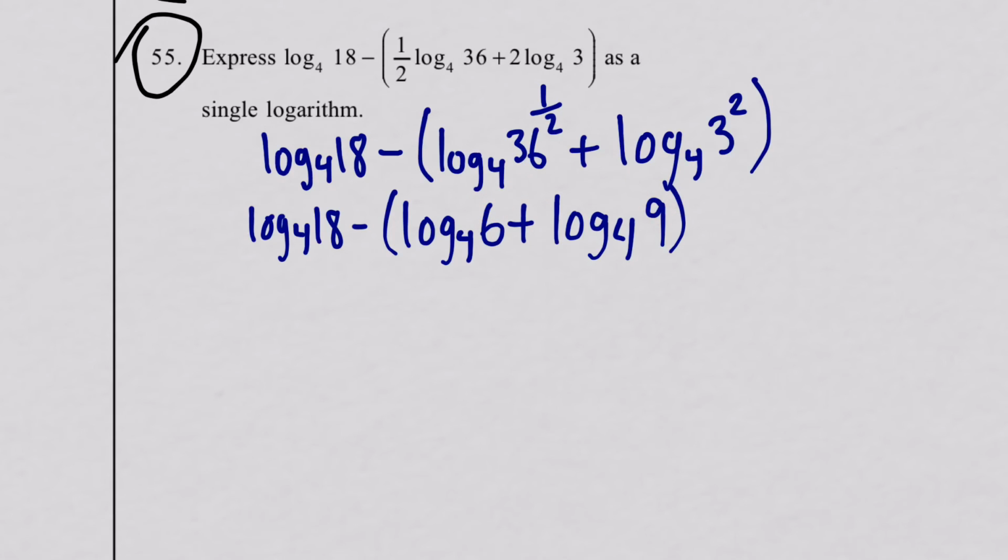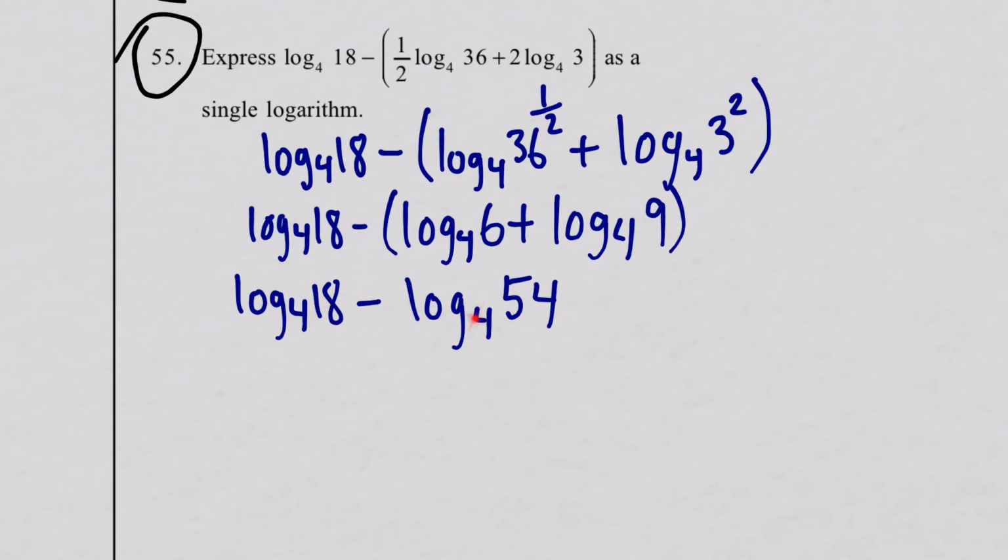So let's keep going. Log base 4 of 18, I haven't touched that one yet, minus log base 4 of 54. Where did the 54 come from? 6 times 9. Same base, keep the base, multiply these two inputs.